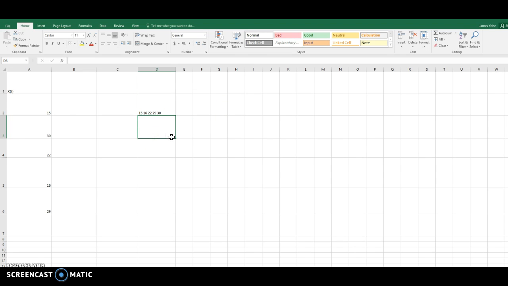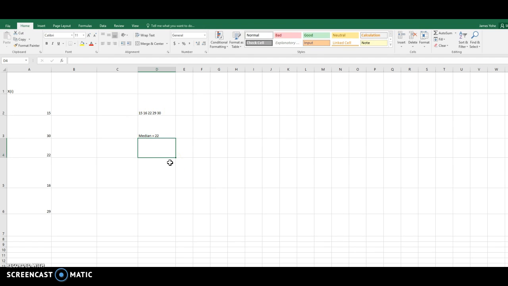Down here, I'm going to put median is equal to 22. That is the observation that is right in the middle. Roughly 50% of the observations are higher than 22, and 50% of the observations are lower than 22.